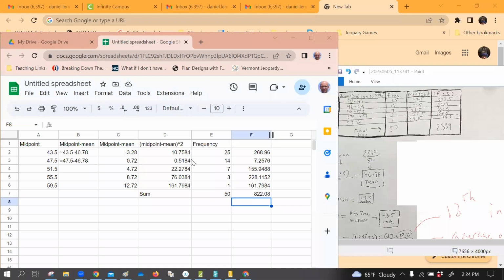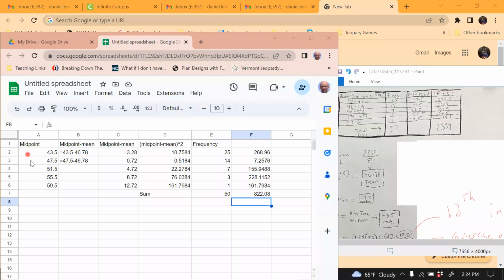I put our numbers into the spreadsheet so we don't have to calculate all those by hand. Here are the midpoints. The standard deviation formula says take each value and subtract the mean from it, so that's each of those numbers minus the 46.78.